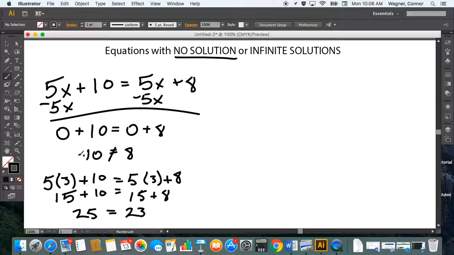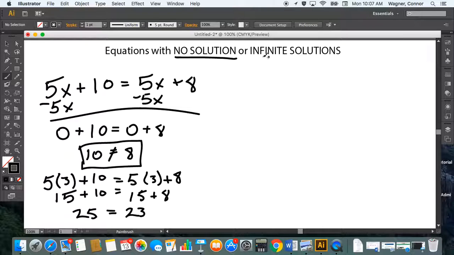No. So what we found when we solved the equation, that 10 does not equal 8, is that there's no solution. There's no number we can put in for x that makes this equation true. So that would be an example of an equation with no solutions.